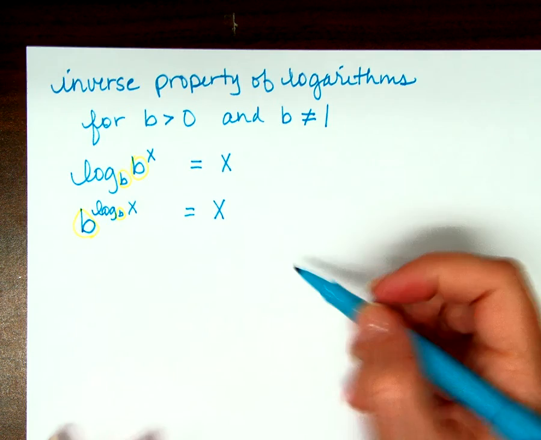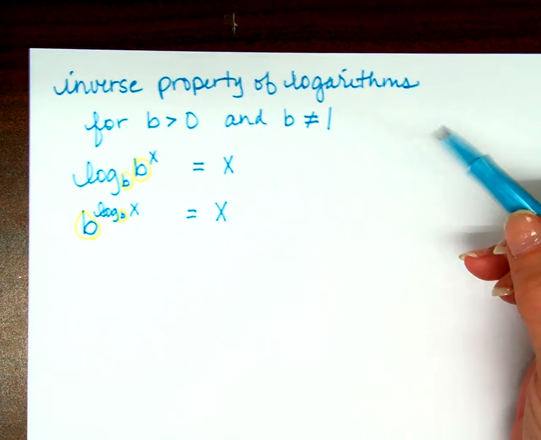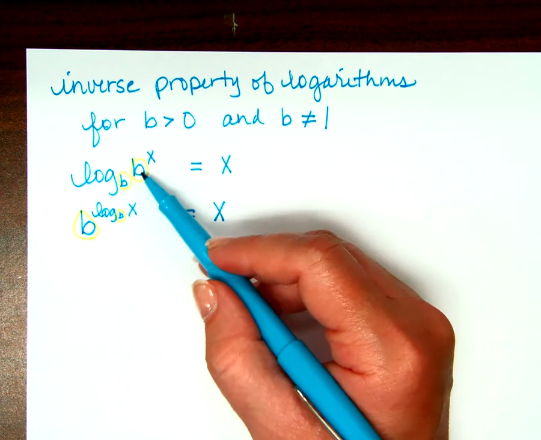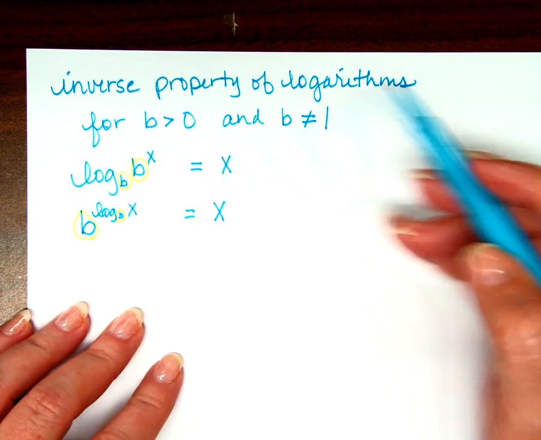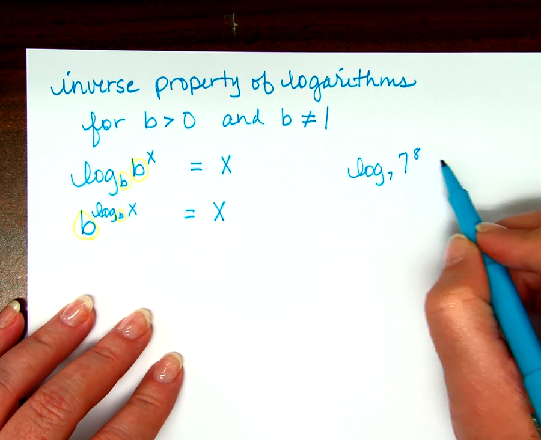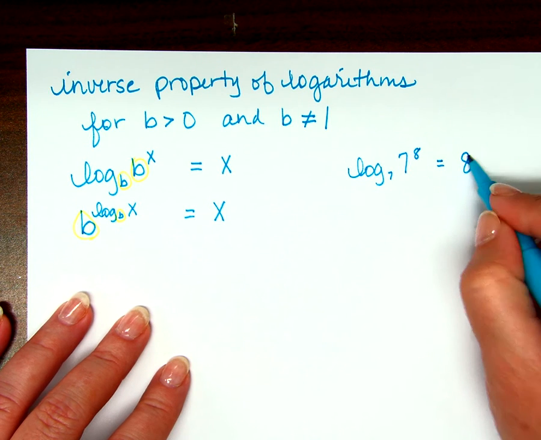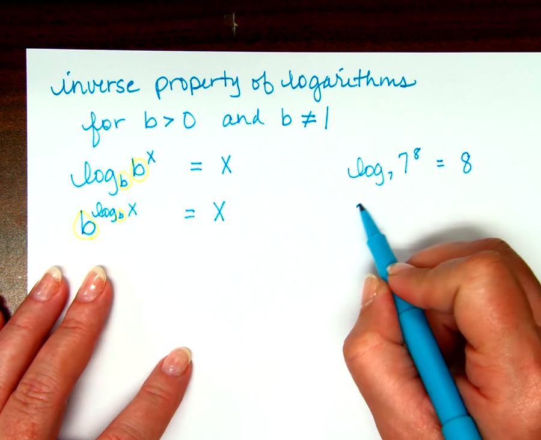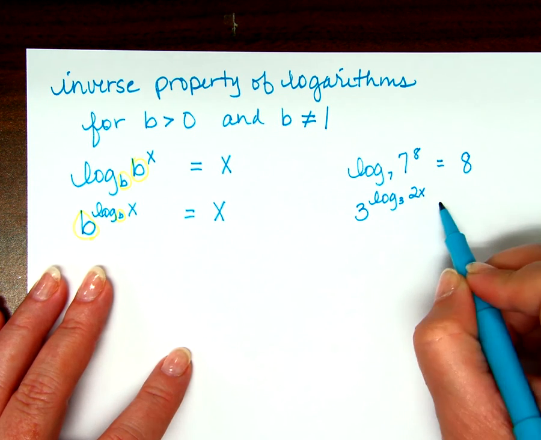Okay, so a sample specifically of this situation, I know we talked about this one a second ago, if these were both the same but there was nothing here, that would be 1, right? But what if it was log base 7 of 7 to the 8th power? What does that equal? Yeah, absolutely, 8. Okay, and what if it said 3 raised to the log base 3 power of 2x?